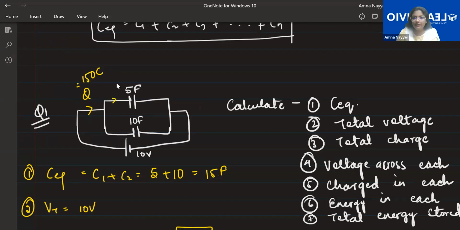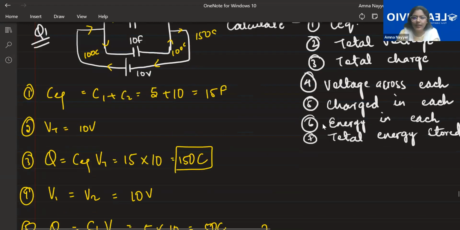It gets divided. One branch receives 50 coulomb, the other branch receives 100 coulomb. Both of them will get added and back to 150 coulomb will be there again in this branch. These divisions and writing you will see more in Kirchhoff's law, that is there in your current electricity.